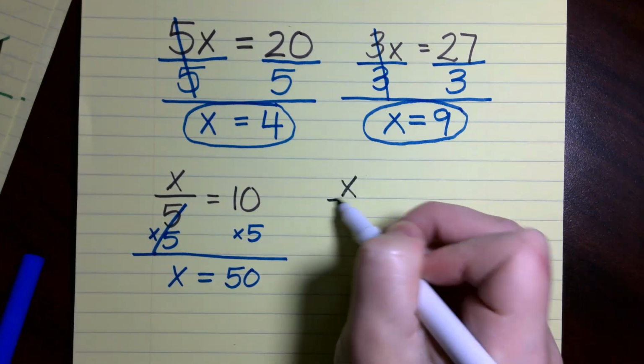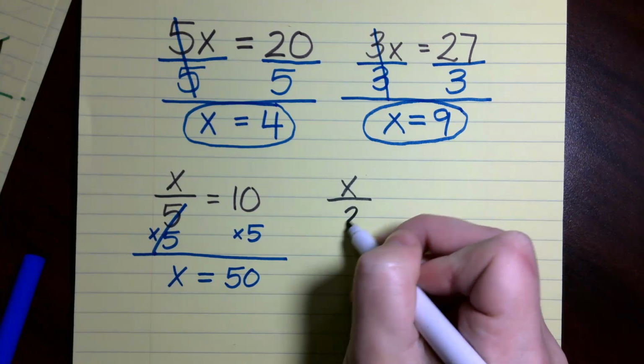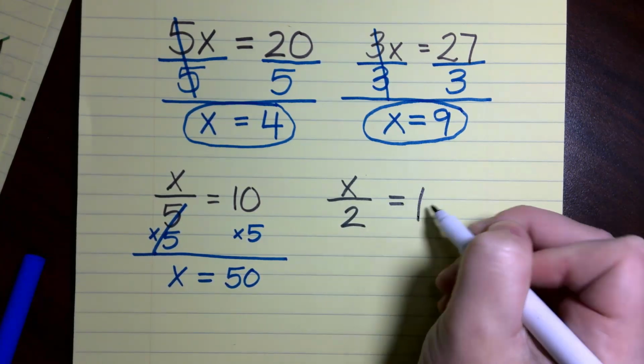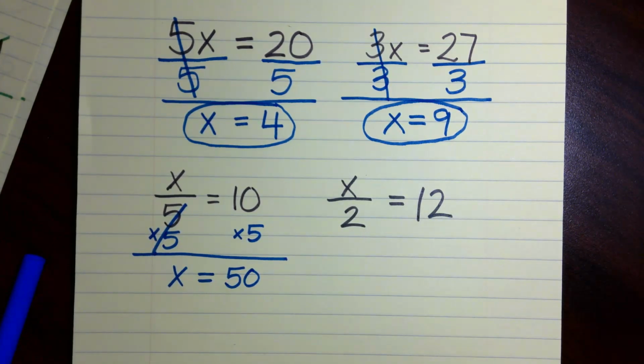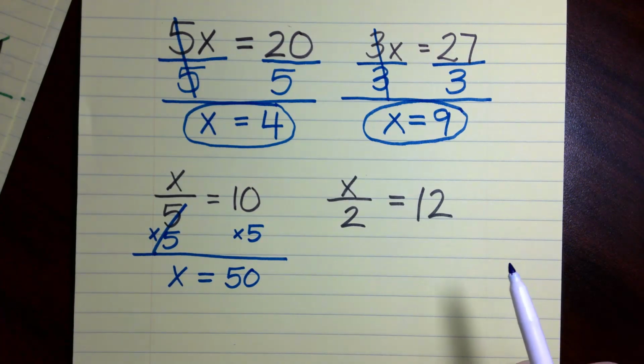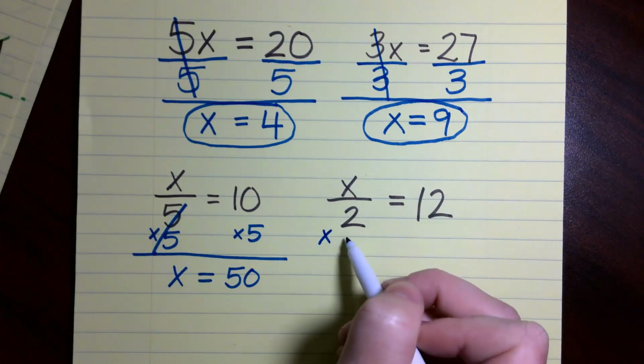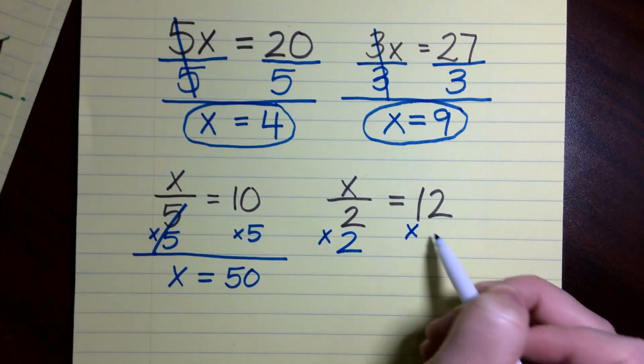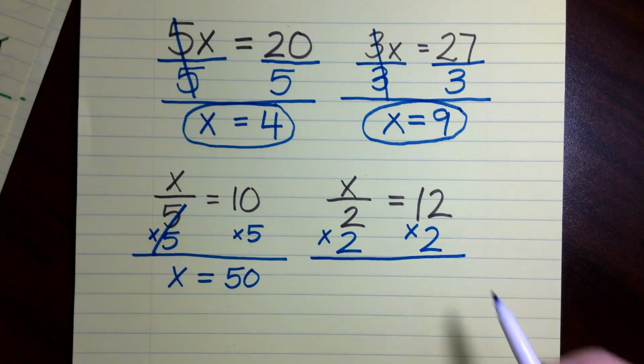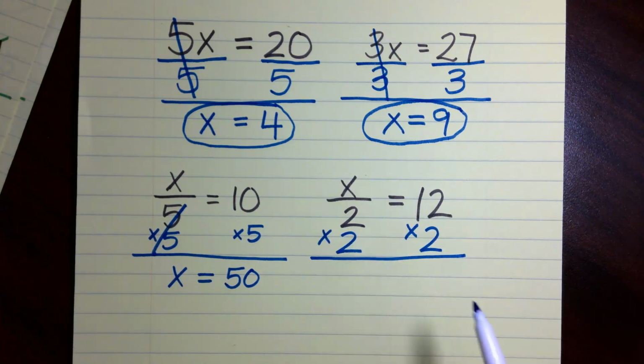Let's do x divided by 2 equals 12. What would I need to do here? Times 2. Yes, you would. The opposite of division is multiplication. So we're going to take both sides times 2. What happens with my 2's?